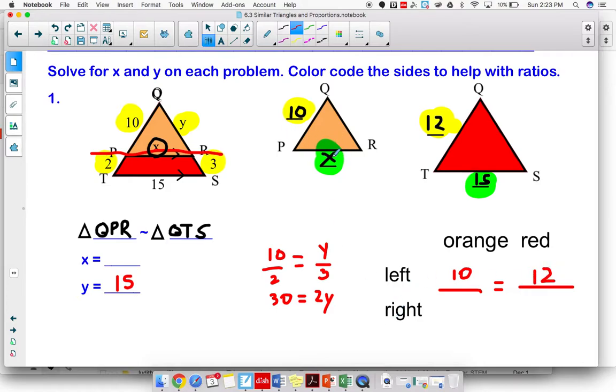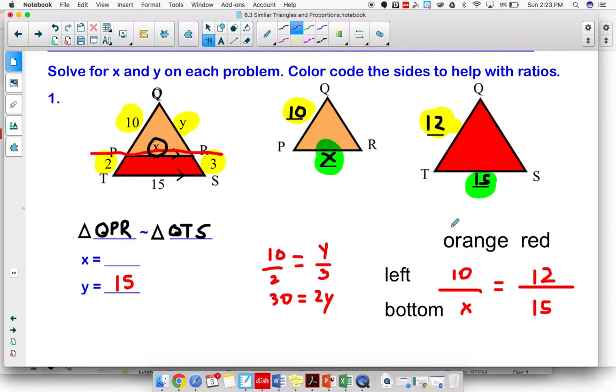And then the bottom edges, it's the bottom. It just depends which sides they gave you. They gave me left and bottom. So the bottom edge is X, and the bottom edge of the red is 15.